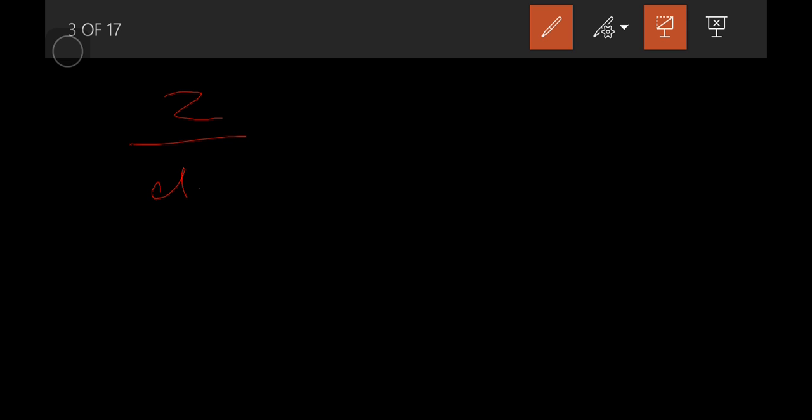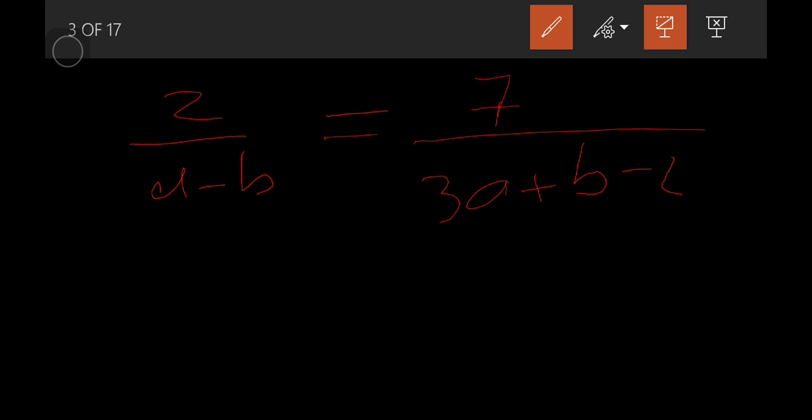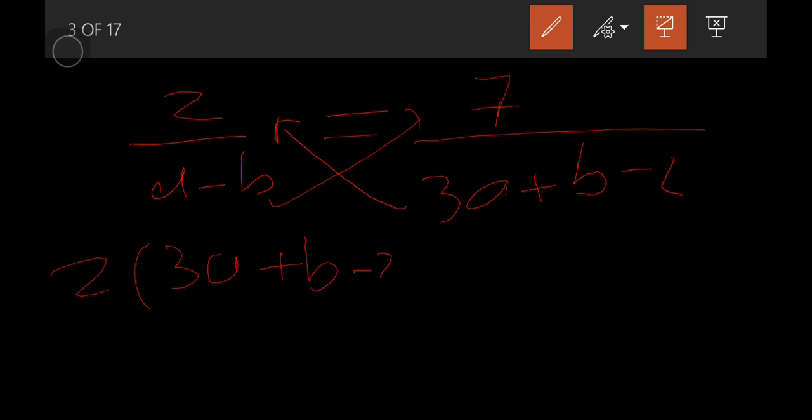So 2 by a minus b is equal to 7 by 3a plus b minus 2. Now we multiply the numerator and the denominator across, so we get 2 into (3a plus b minus 2) is equal to 7 into (a minus b).